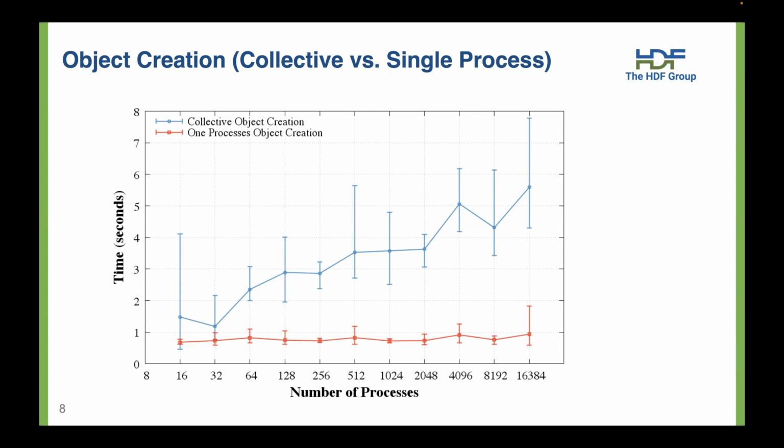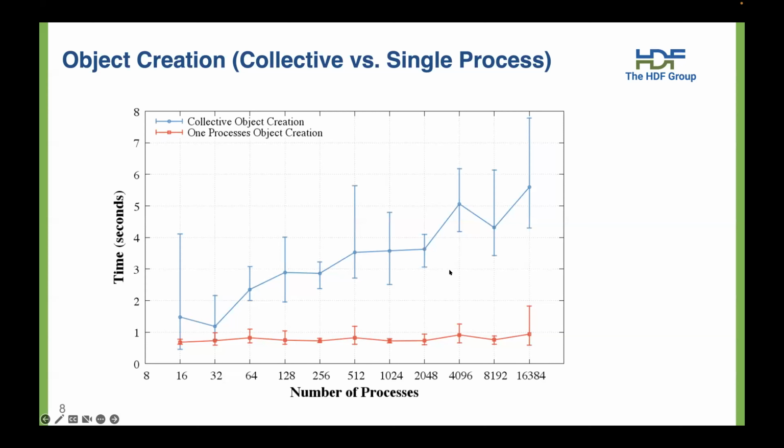And there is some advantage that we've seen in the past of having just one process create all the objects compared to having all the ranks create all the objects. So it's not a huge difference, 1 to 5 seconds, but if it's not inconvenient to usually create on one process, that's what we suggest doing.